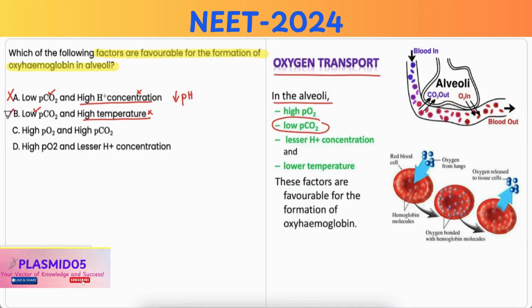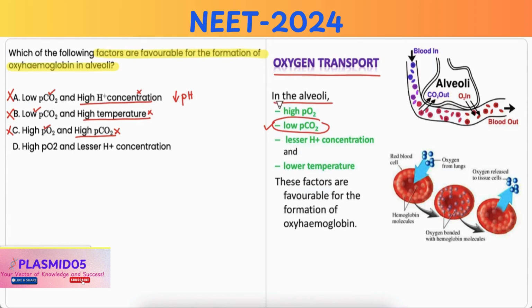Hence, this is incorrect. Option C, high partial pressure of oxygen and high partial pressure of carbon dioxide. This is incorrect because high partial pressure of carbon dioxide promotes the release of oxygen from the hemoglobin due to the Bohr effect. Option D, high partial pressure of oxygen and lesser hydrogen ion concentration.